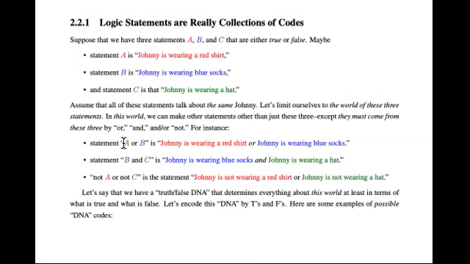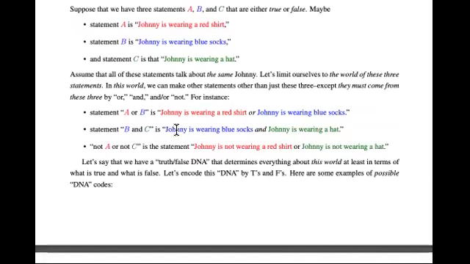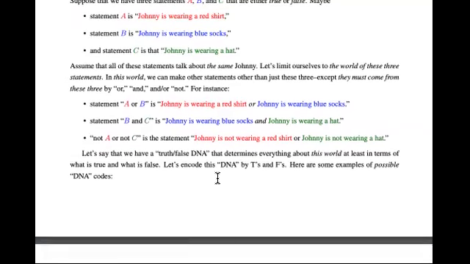We could say something like A or B. Johnny's wearing a red shirt, or Johnny's wearing blue socks. That statement could be true or false, depending on whether statement A was true or false, or B true or false. Similarly, we could say B and C, meaning that this blue sentence is happening and this green sentence is happening, and that's going to be true if both of them are true, and so forth.